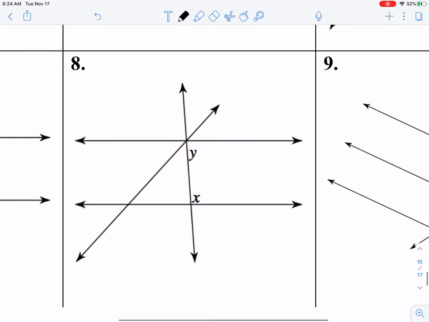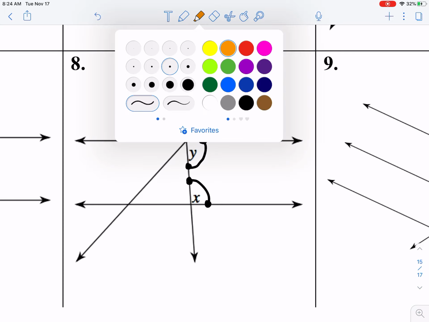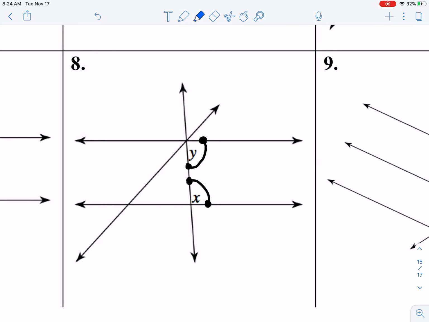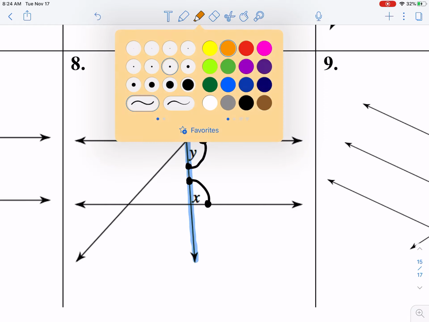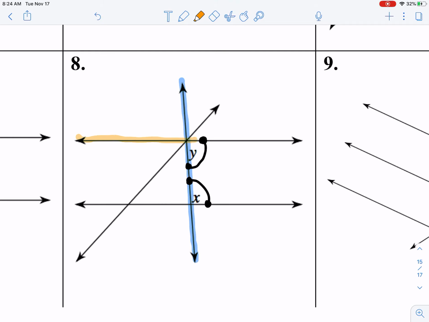And I'll do one more. It's number 8. Trap my angles. Put dots on it. My transversal is the line that has 2 dots. My actual parallel lines are the ones that only have 1 dot.